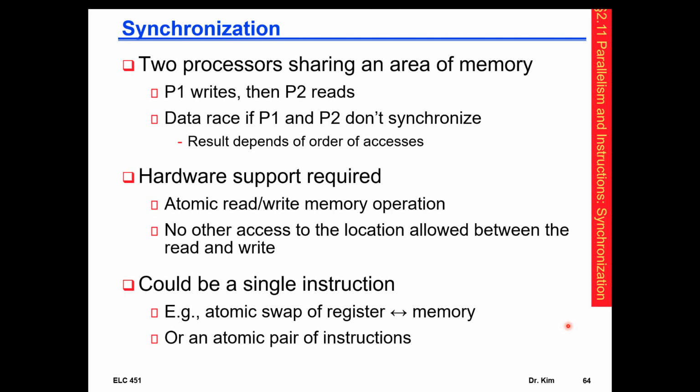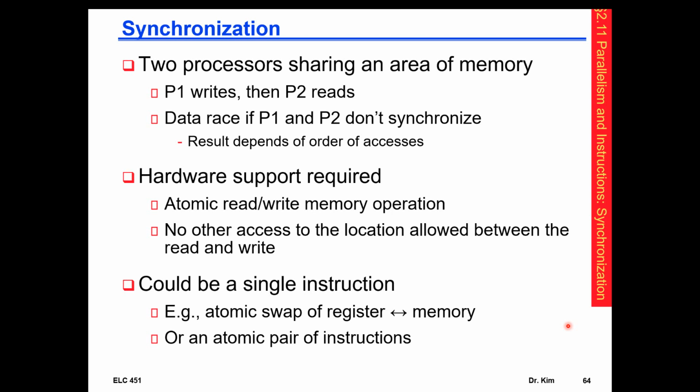So that guarantees, by design, by hardware implementation, that there is not going to be a data race. This type of instruction is usually the swap of a register with memory data, or you could have an atomic pair of instructions.